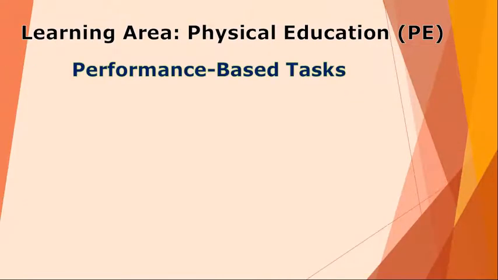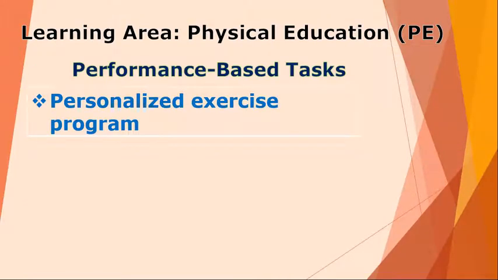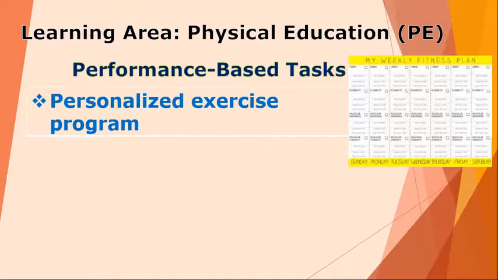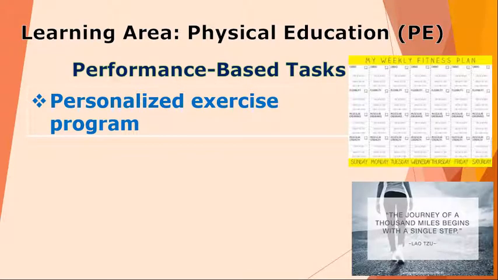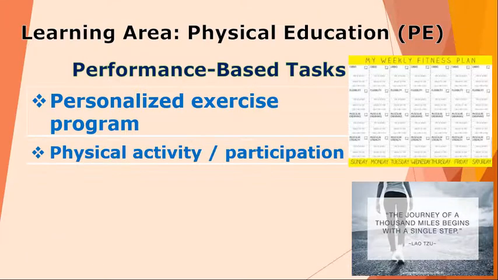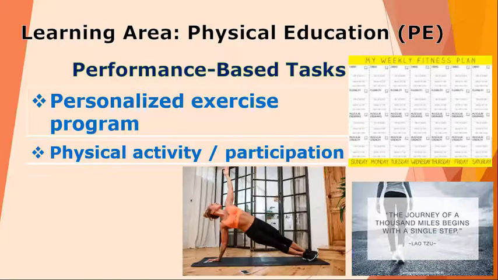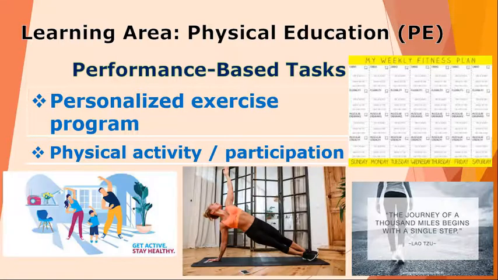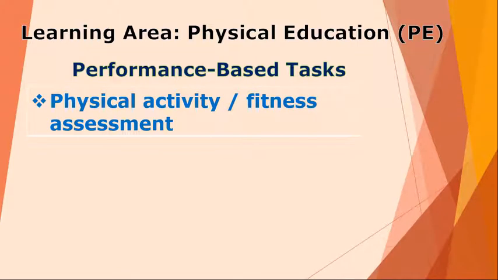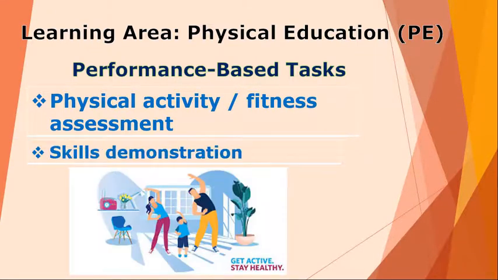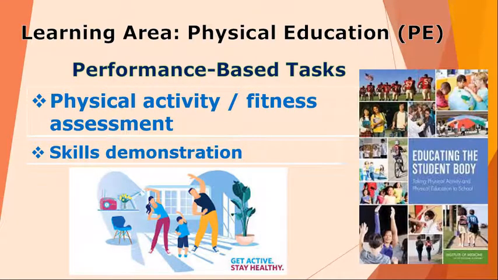Performance-based tasks: personalized exercise program, say the weekly fitness plan of the learner at home. It's so difficult to implement this, but we can remind the learner that the journey of 1,000 miles begins with a single step, by Lao Tzu. So to motivate them. Then physical activity or participation could be by themselves alone or with their family. Physical activity or fitness assessment, get active, stay healthy, then skills demonstration.